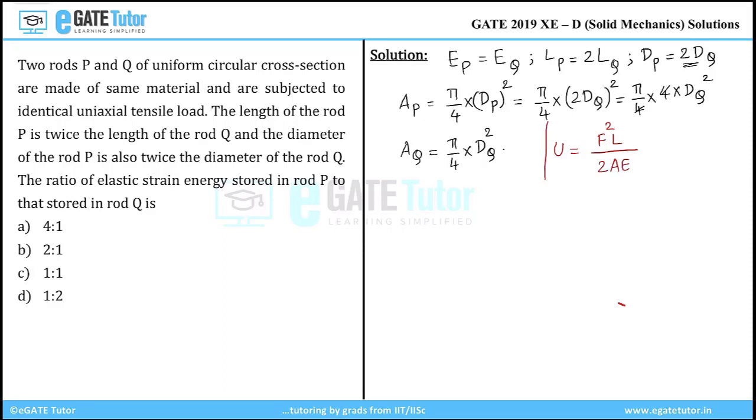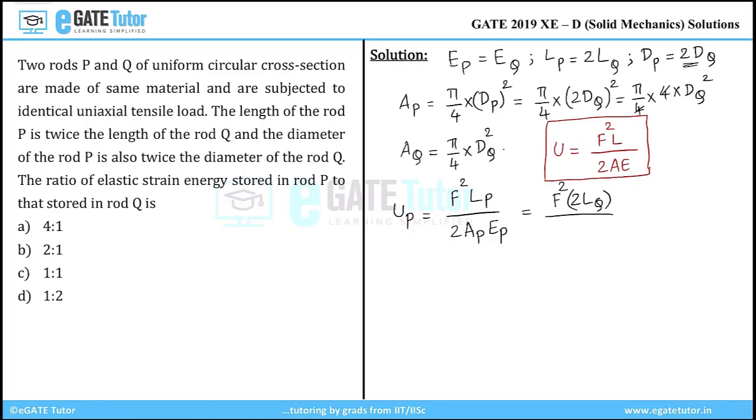So this is the generalized expression to calculate the strain energy stored in the rod, which is subjected to an axial load F. Now let us calculate the strain energy stored in the rod P, which is F square length of the rod P divided by 2 into area of rod P into Young's modulus of rod P. So this becomes F square into 2 times length of the rod Q divided by 2 into pi into dq square into EQ.